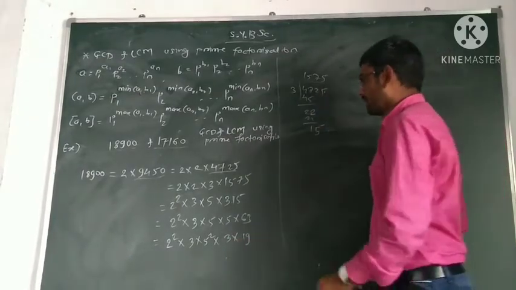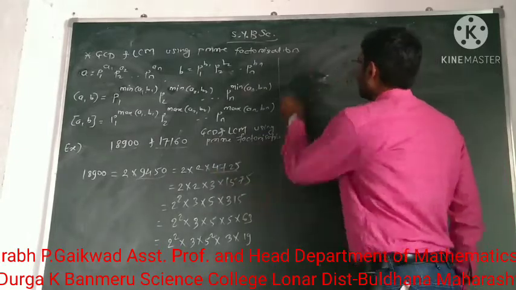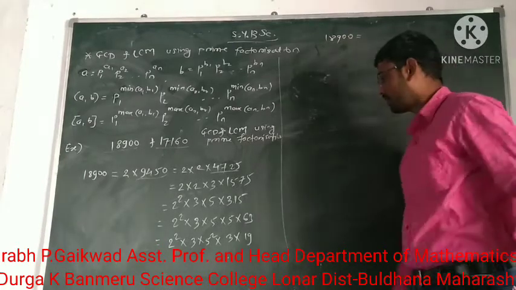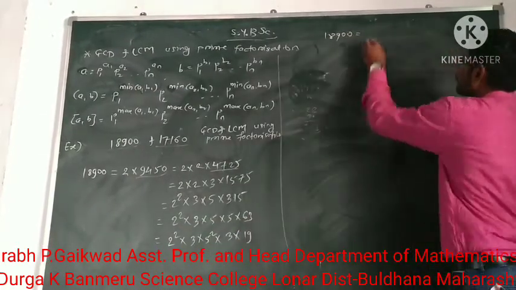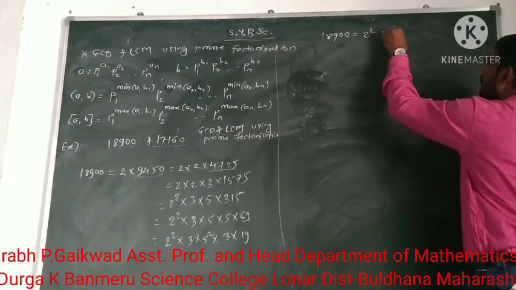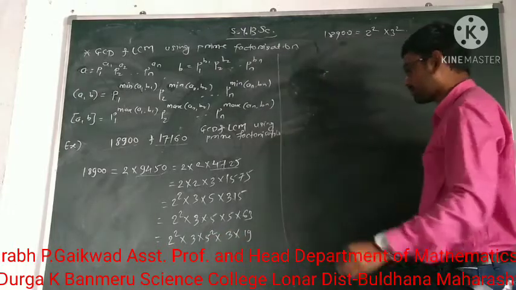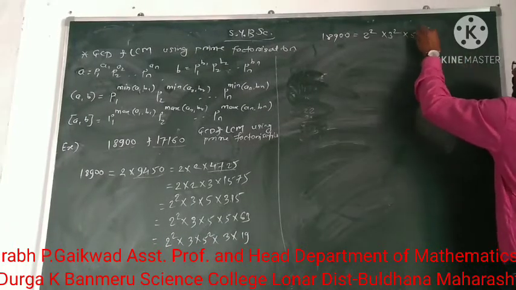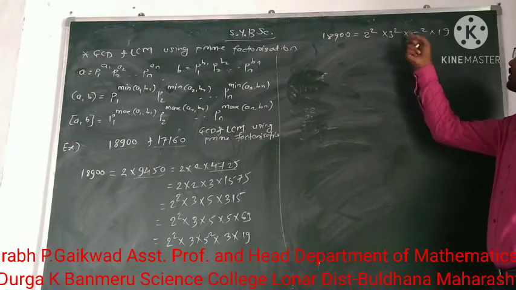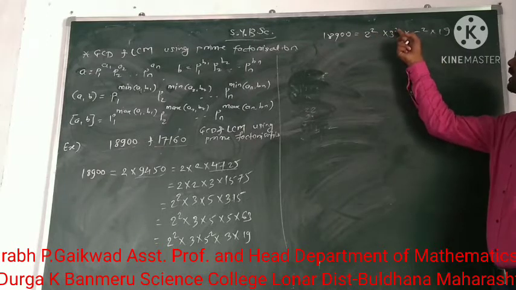So finally we get the prime factorization of 18900 is equal to 2 square, 3 into 3, 3 cube, into 5 square, into 7. Now all the numbers are prime. 2 is prime, 3 is prime, 5 is prime, 7 is prime. So P1 raised to power A1, P2 raised to power A2.